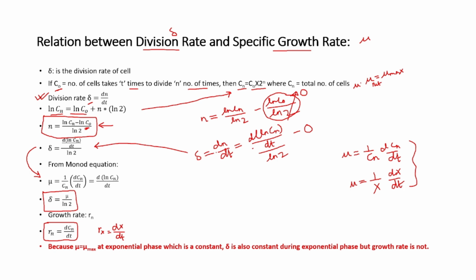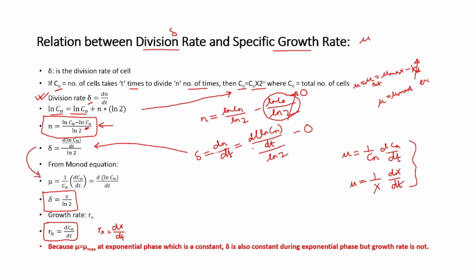Mu max is the specific growth rate under the exponential phase, and kd is the rate constant in the death phase. Because in the exponential phase we consider only growth and do not consider any death of the cells, kd is taken to be 0. So mu net is taken to be mu max, and this is only applicable in the case of the exponential phase, mind it, not in any other phase.